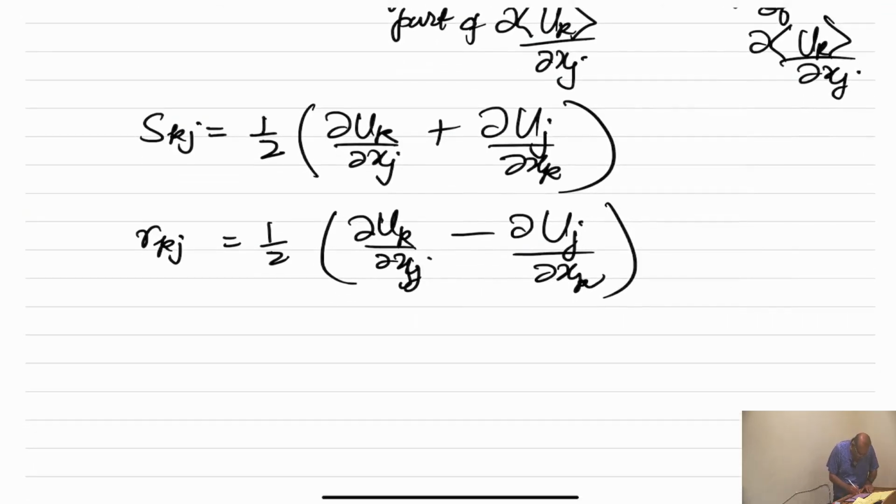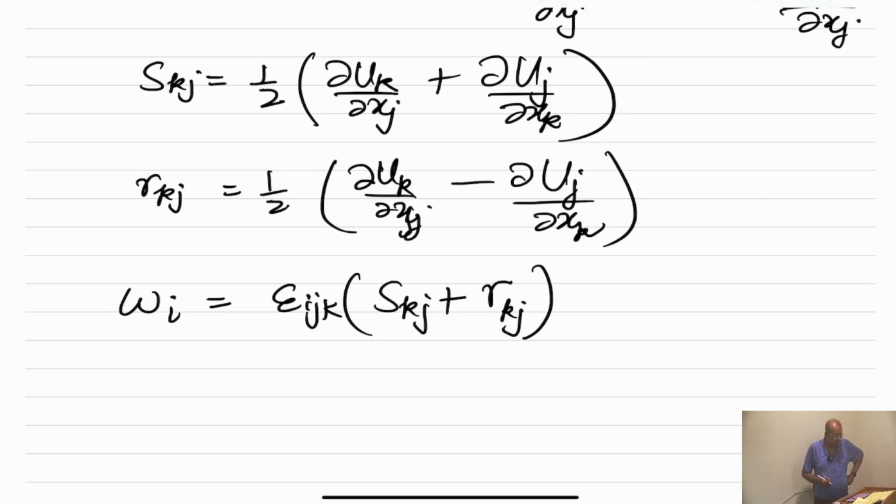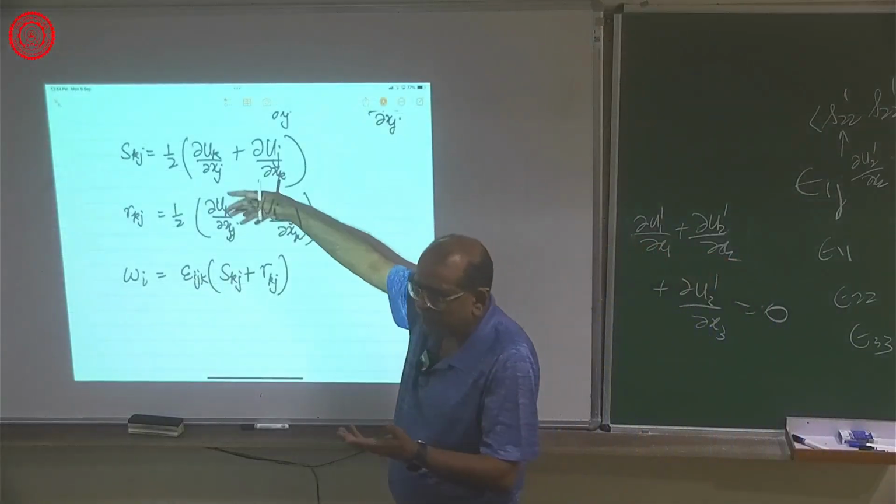So omega I can be written as epsilon ijk into skj plus rkj. These are all repetitions; I think we have done it many times.